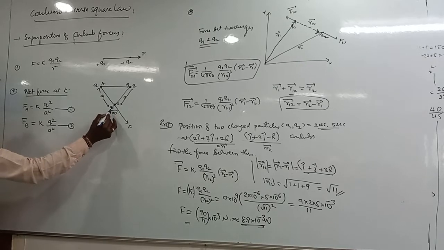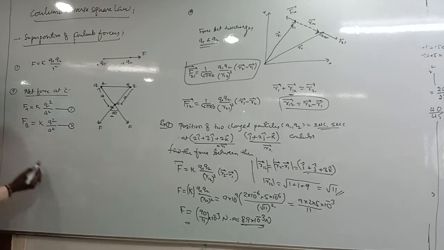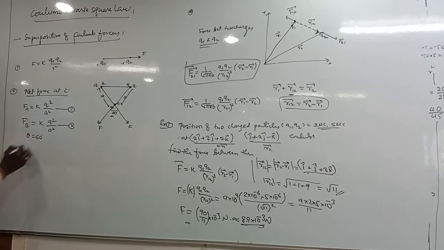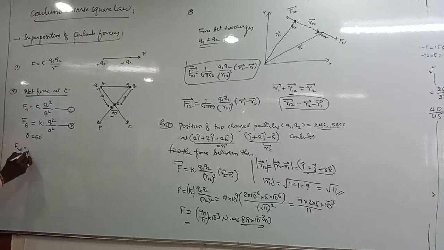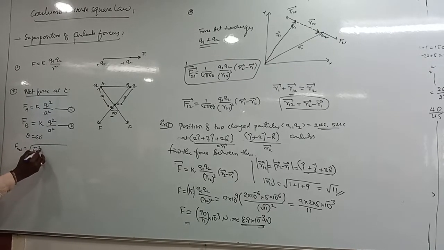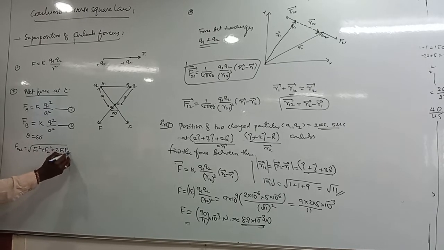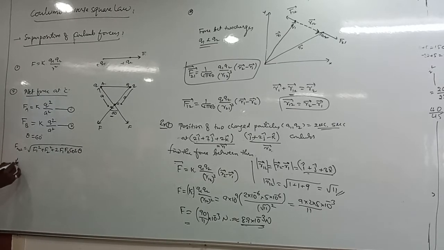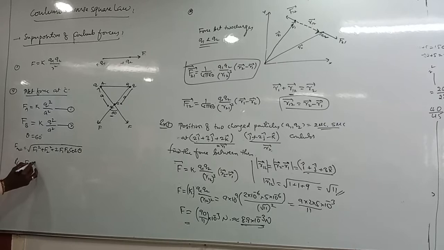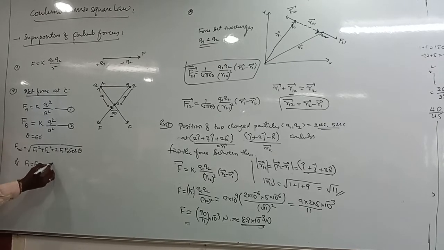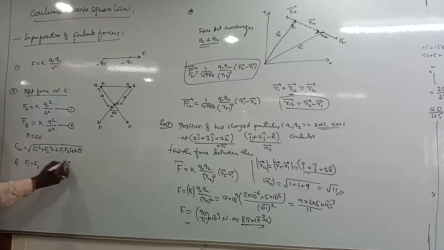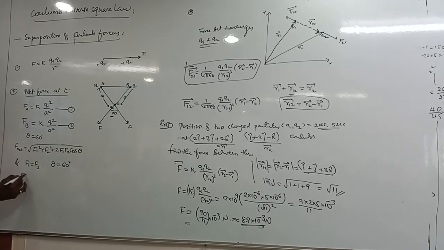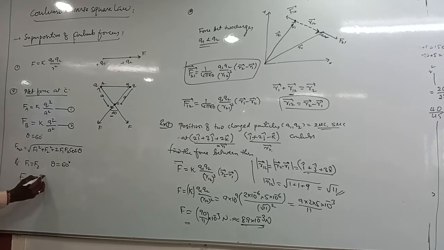And what is the angle between these two forces? 60 degrees. What we can write here: F net is root of F1 square plus F2 square plus 2 F1 F2 cos theta, right? If F1 is equal to F2 and theta is equal to 60 degrees, then F net is equal to root 3 F, right?